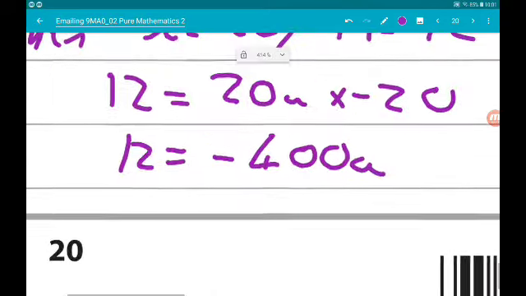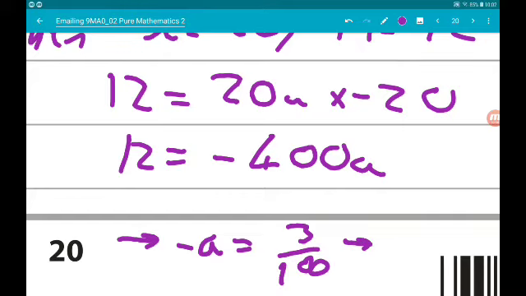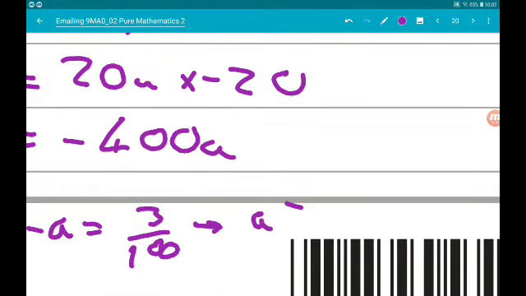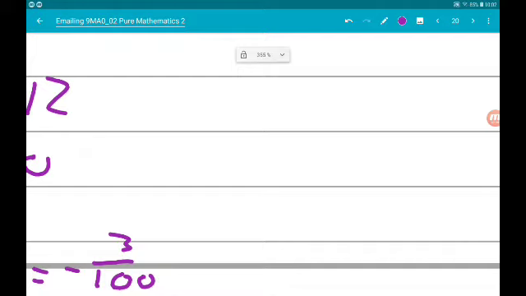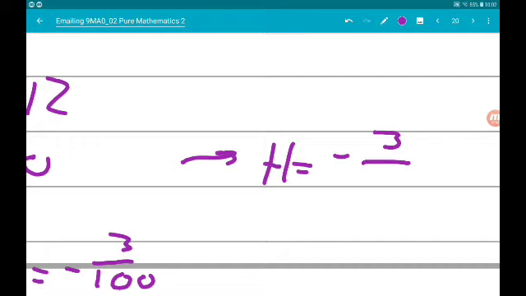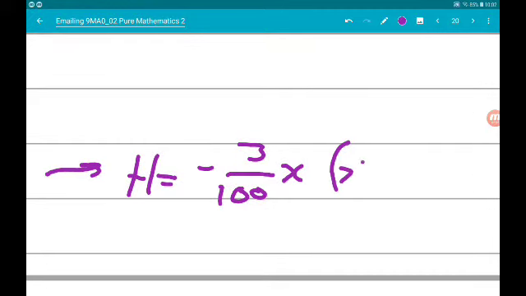Divide by 400 and we get minus a is 3 over 100, so a is minus 3 over 100. So finally we can say then h is minus 3 over 100 x times x minus 40.